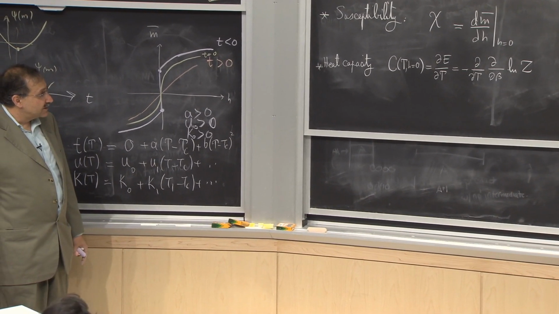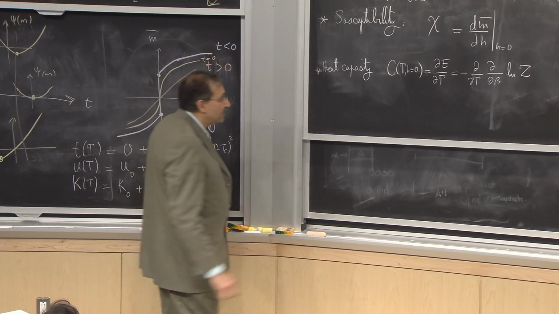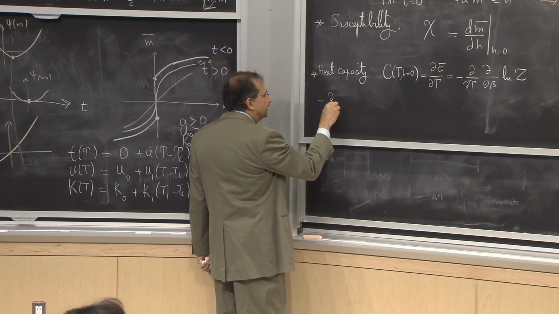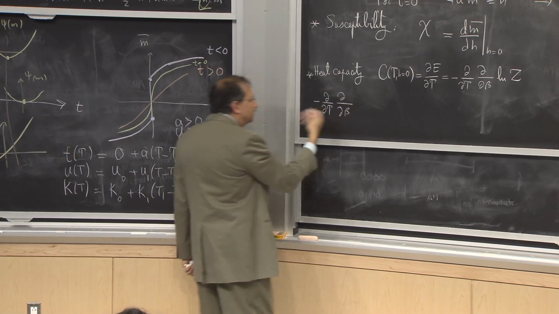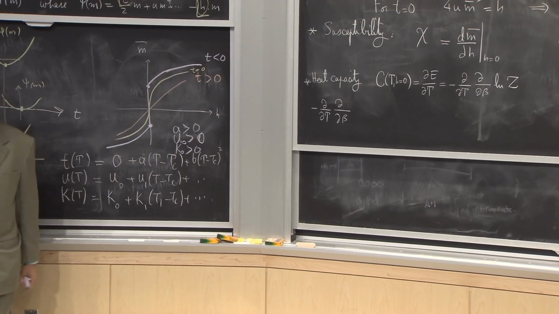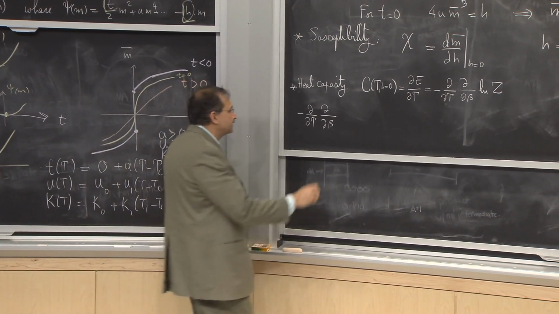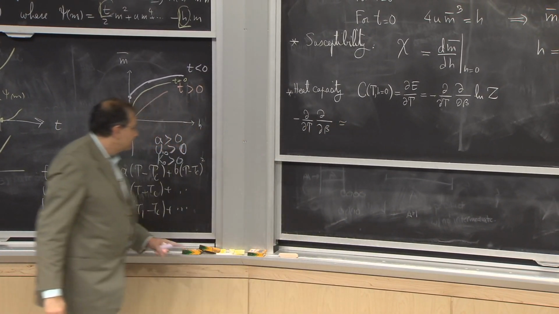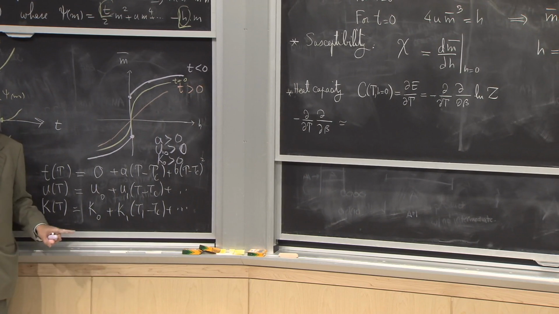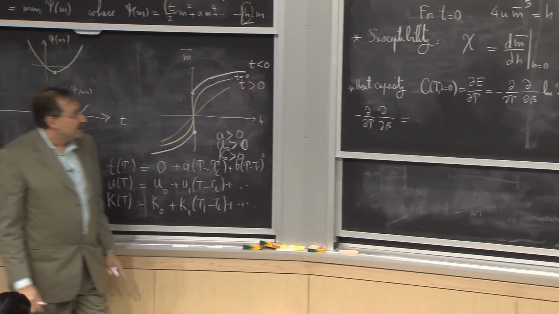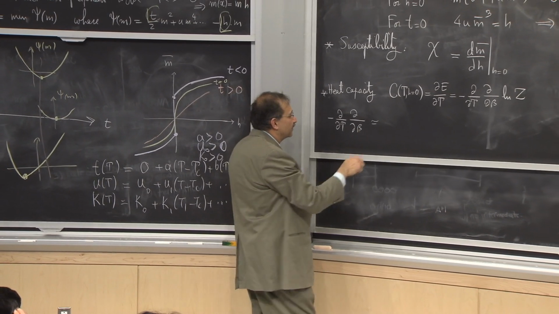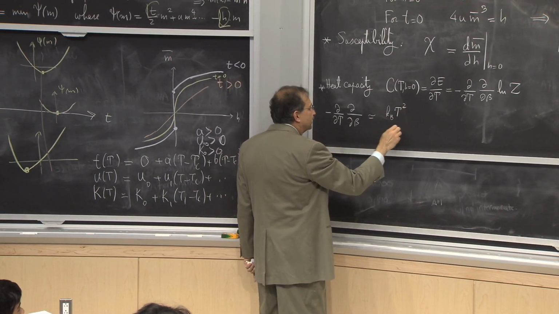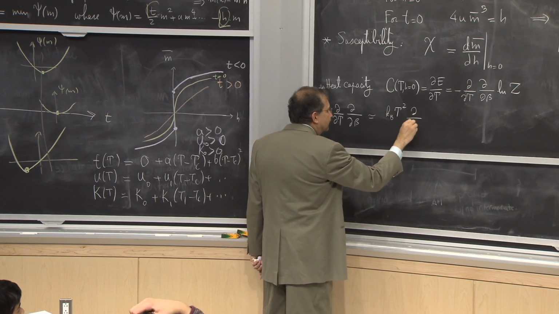So in particular, I can say that d by d beta, where beta is 1 over kT, is approximately, when you look at the linear regime close to tc, of the order of kB T squared times d by dt.